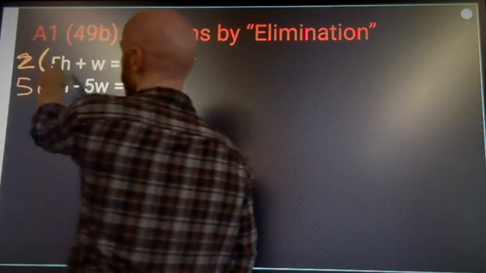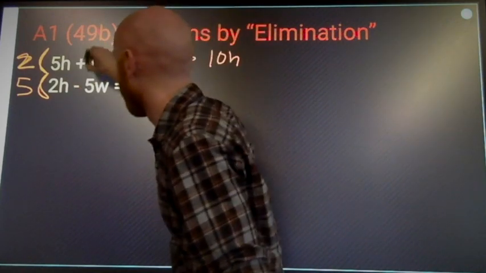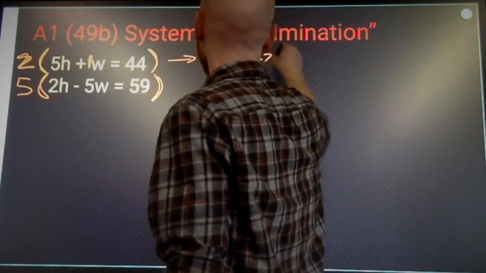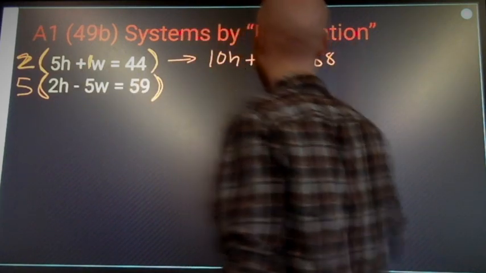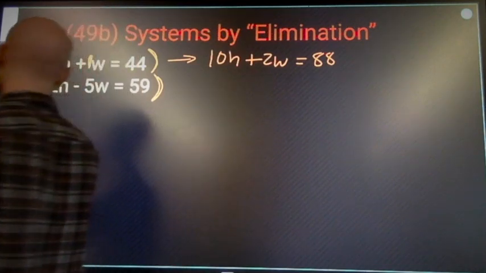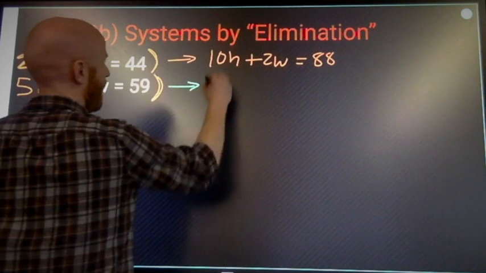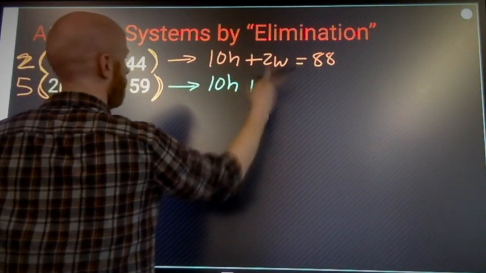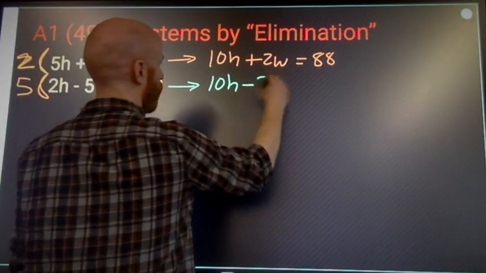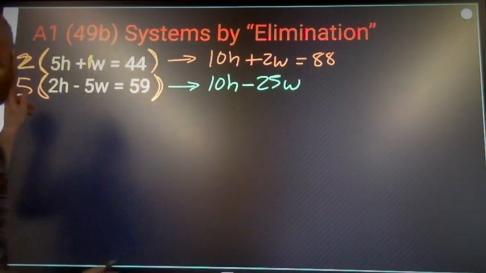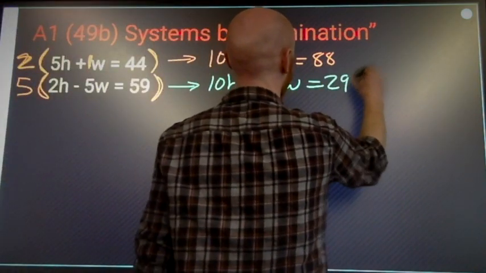Up here, 2 times 5 is 10 h's. 2 times 1 w is 2 w's. And 2 times 44 is 88. From my second equation, we've got 5 times 2 is 10 h's. 5 times -5 is -25 w's. 5 times 59 is 295.